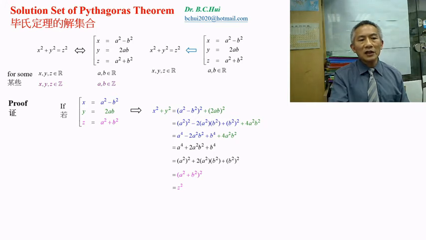If x, y, and z are all real numbers, then of course a and b are real numbers. And if x, y, and z are all integers, then a and b could also be integers. So the proof is done.